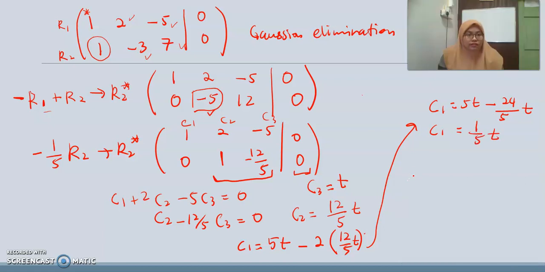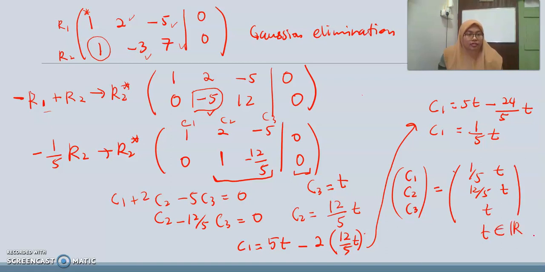The solution set for C1, C2, and C3 is C1 is 1 over 5 T, C2 is 12 over 5 T, and C3 is T, where T can be any constant, any number.